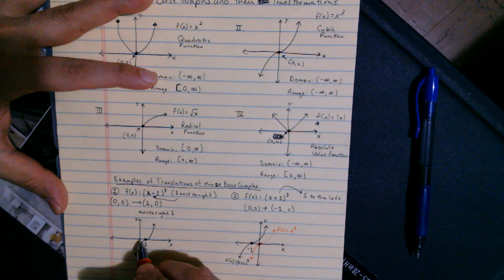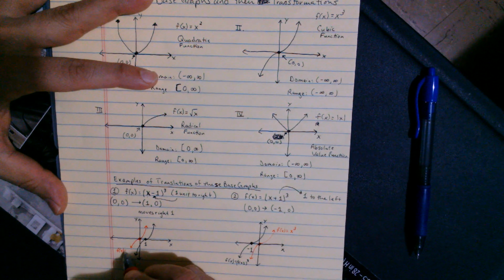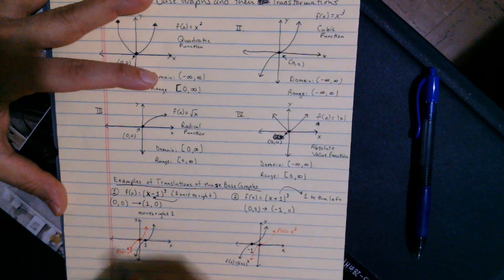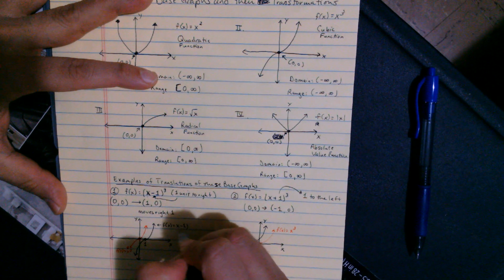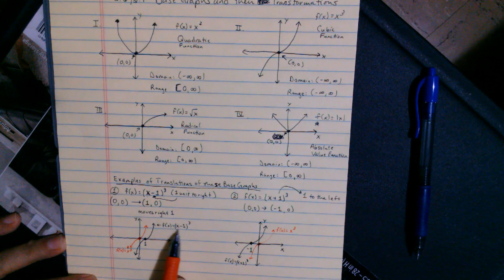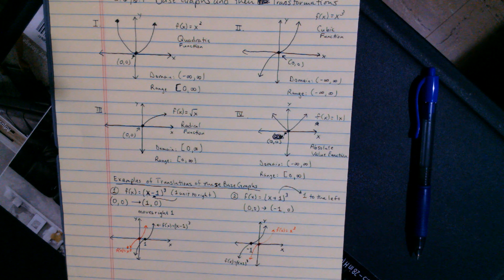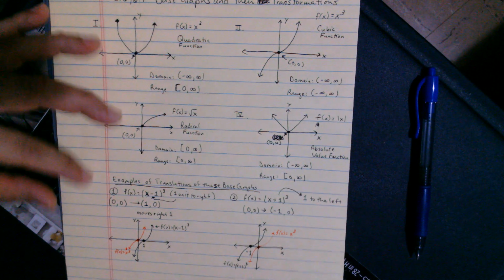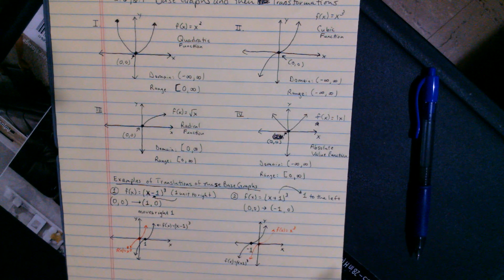In this one, the original was f of x equals x cubed, and this one is f of x equals (x minus 1) cubed. So in essence, inside with x, minus means go right, plus means go left. So at least you know minus means to the right, inside, plus means to the left. So that kind of takes care of that.